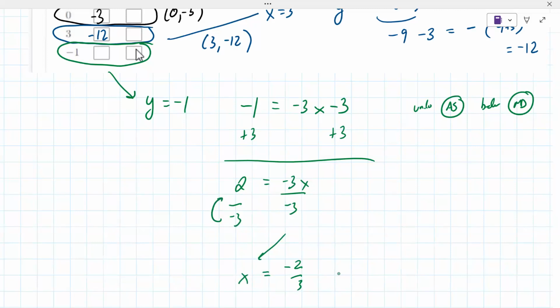That subtraction goes up to the top. So it would just be a fraction? So that's the x value. It's -2/3. Yeah. And then the ordered pair is -1 comma -2/3.